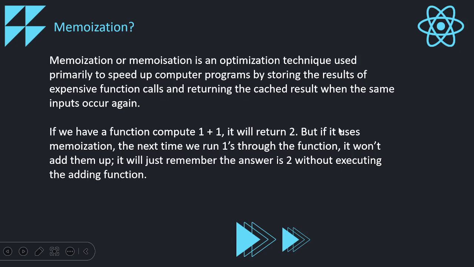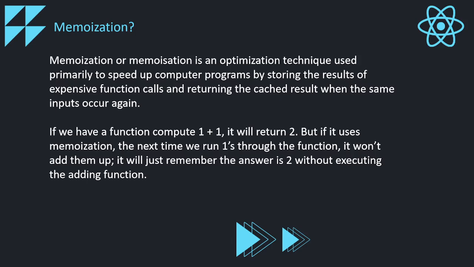Now, what is the concept of memoization? Memoization is an optimization technique generally used to speed up computer programs by storing the result of expensive function calls and returning the cached results when the same inputs occur again. For example, if we have a function for computing 1 plus 1, it will return 2.